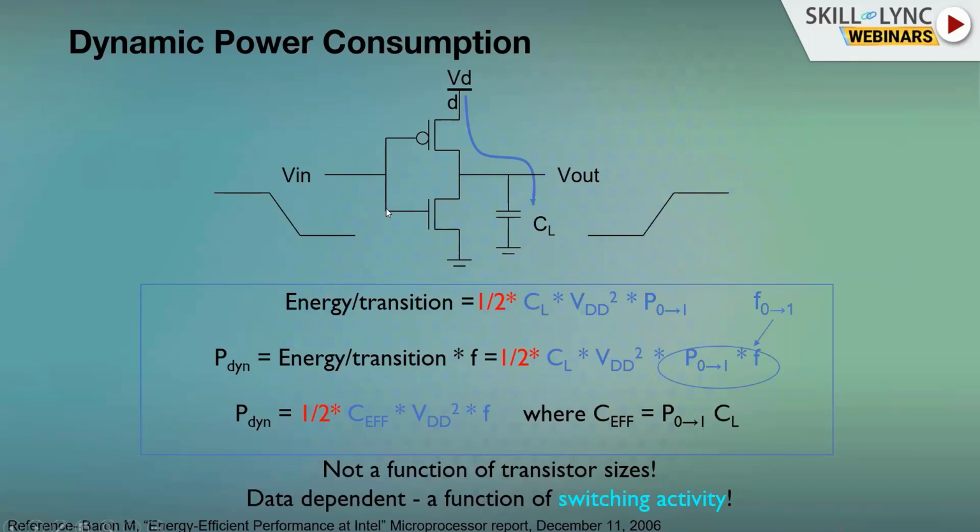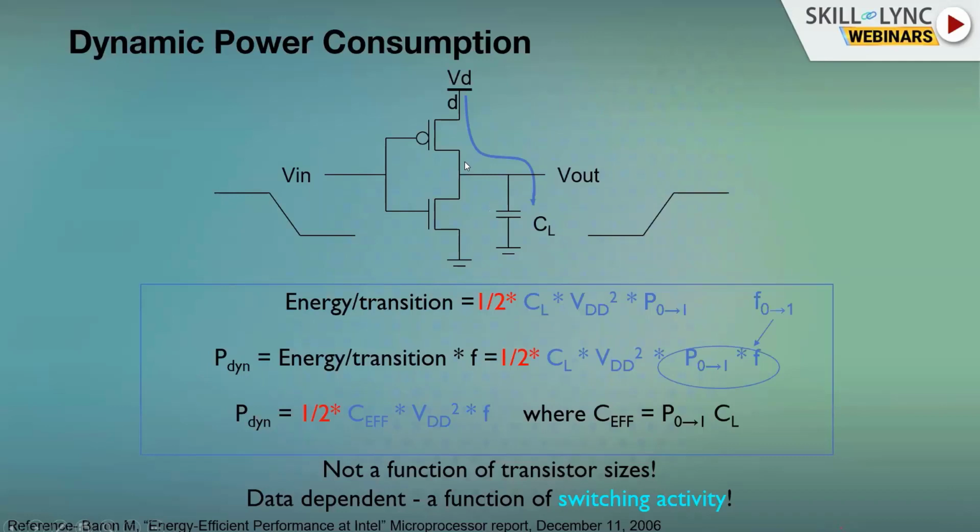Apart from the dynamic power, we have something called internal power, which is called short circuit power. If you see here, when we are transitioning from 0 to 1, there is some time, right? This is the midpoint where these two transistors will go into the on state, and there will be a short circuit current from your VDD to ground.